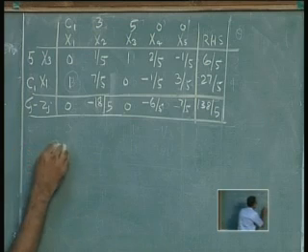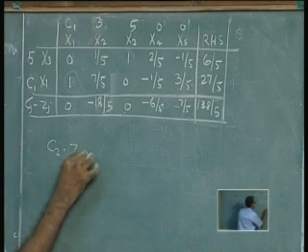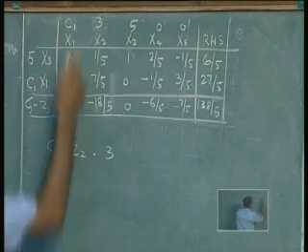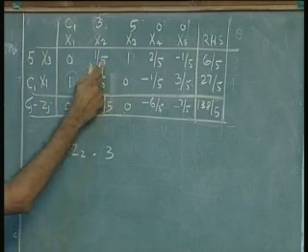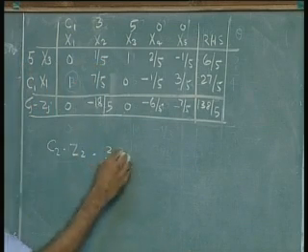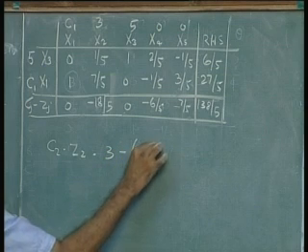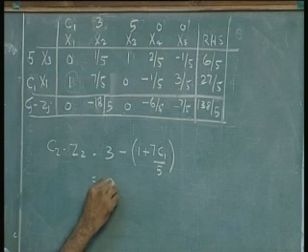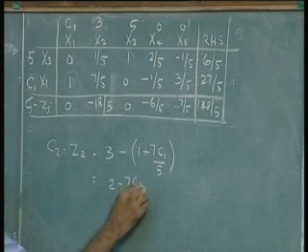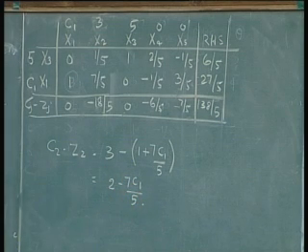So C2 minus Z2 will now become 3 minus 5 into 1 by 5 is 1, 1 plus 7 C1 by 5, which is 2 minus 7 C1 by 5.